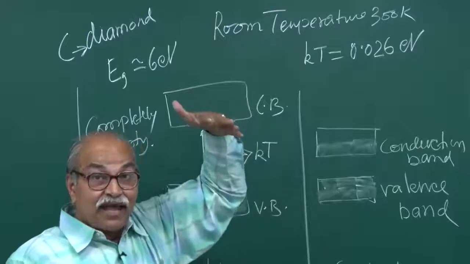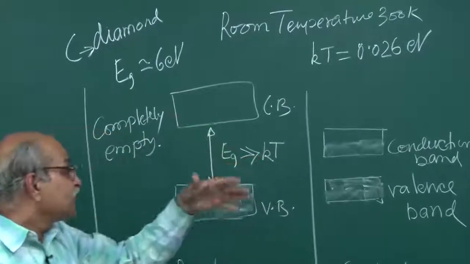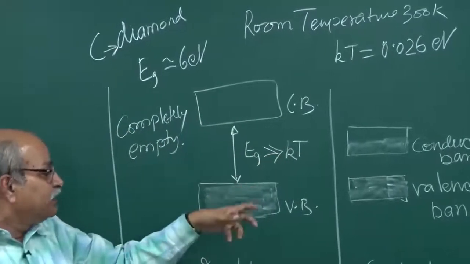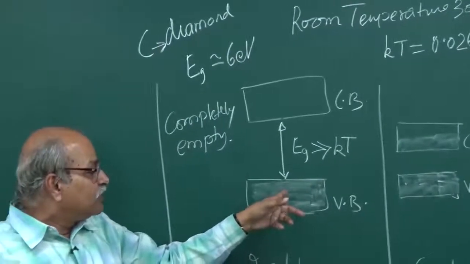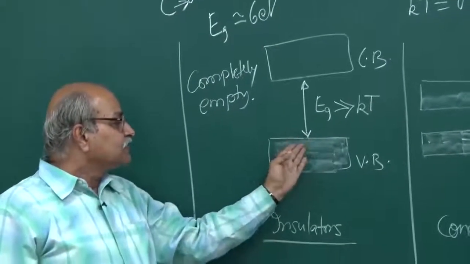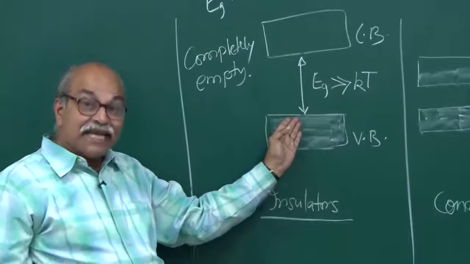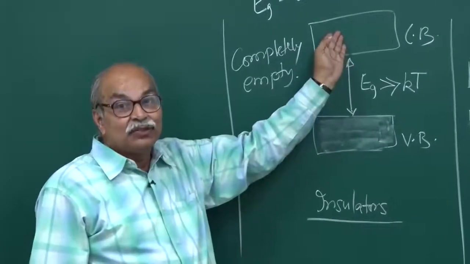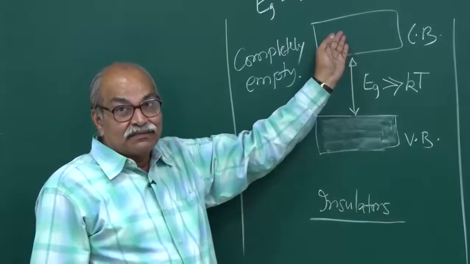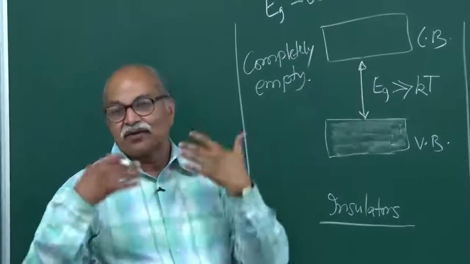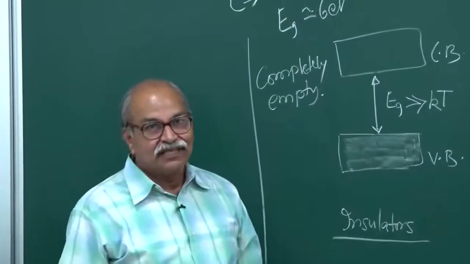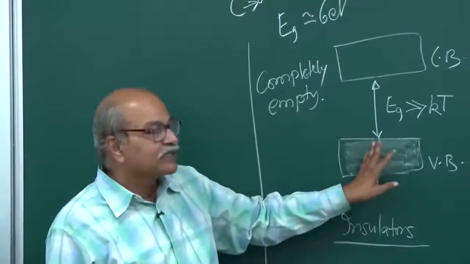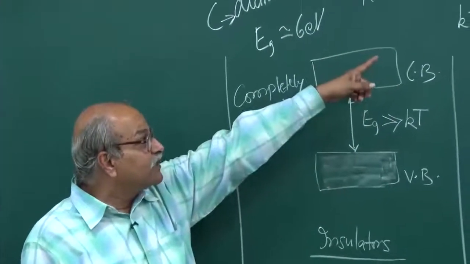It's a large gap. So if I ask, is there a significant probability of an electron in this valence band taking up thermal energy from the lattice and moving to this? The probability is almost negligible, and therefore these electrons will stay there even at 300 K.